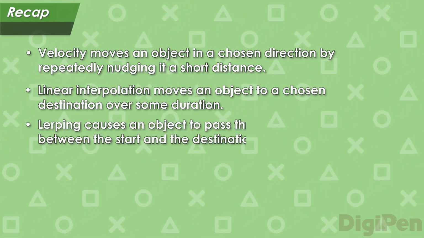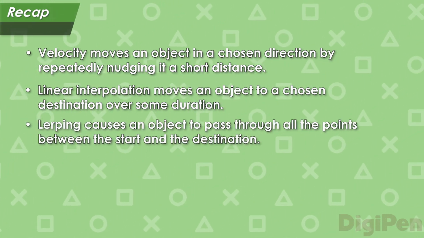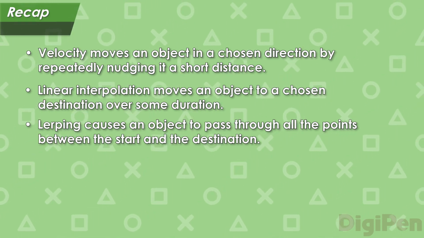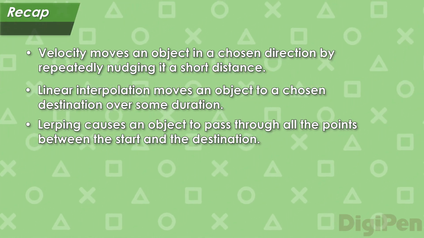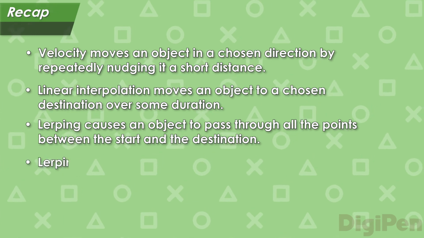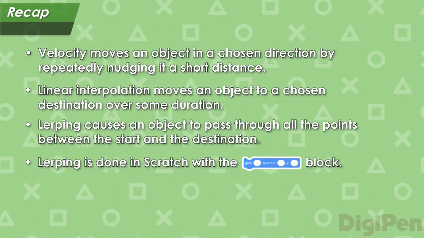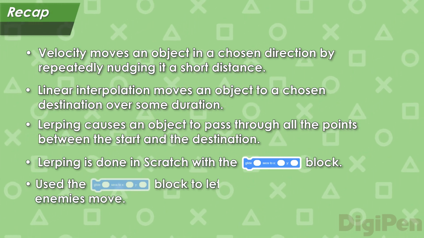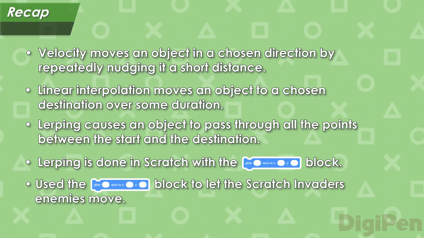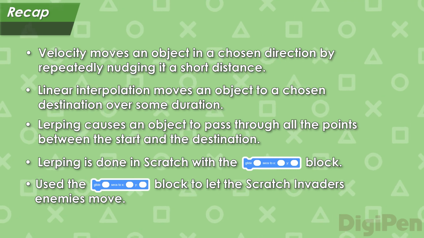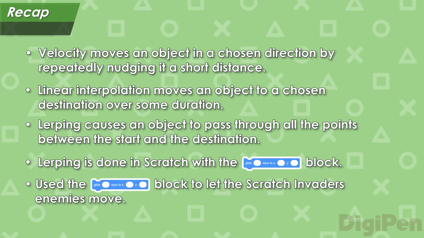When we lerp an object from one point to another, it smoothly passes through all of the points in between as well. We learned that we can use linear interpolation in Scratch with the Glide block. Finally, we used the Glide block to give the enemies in Scratch Invaders the ability to move.